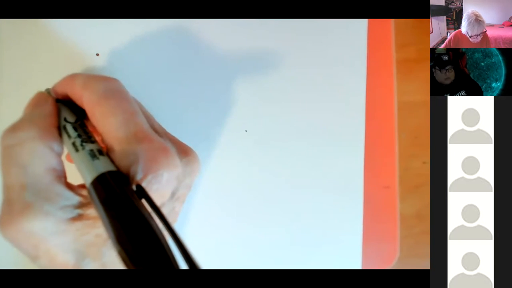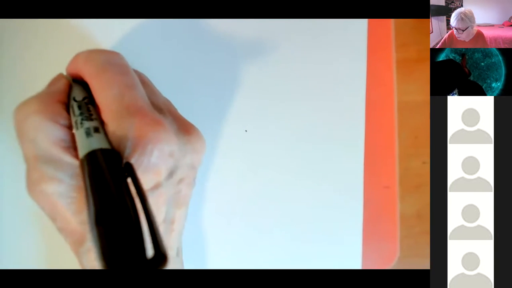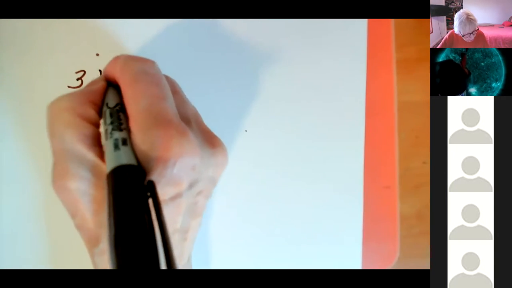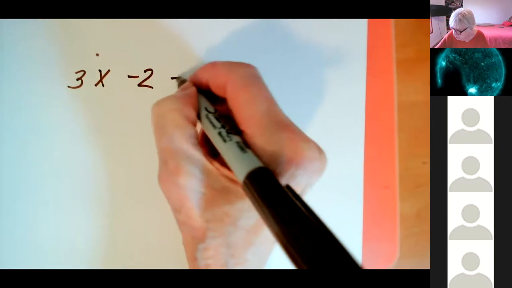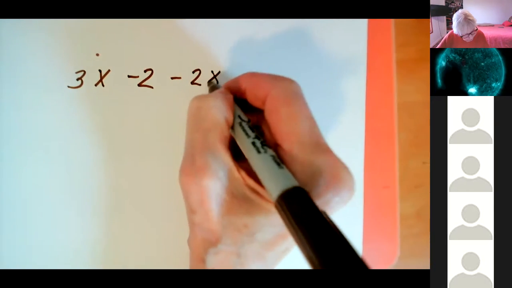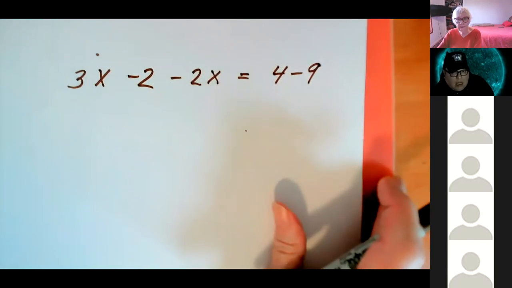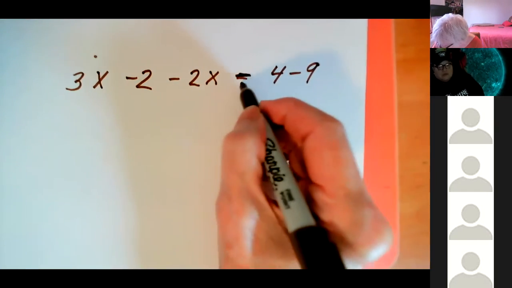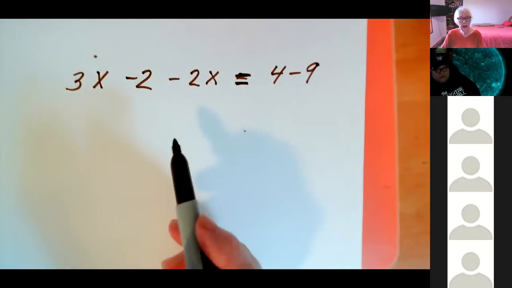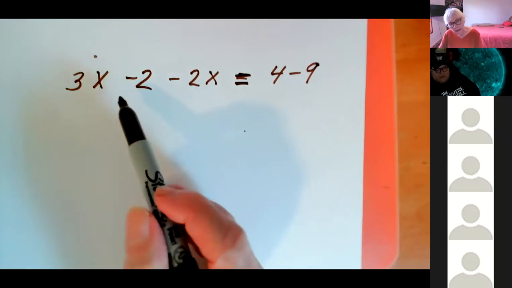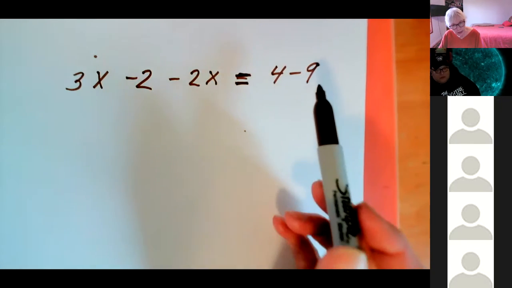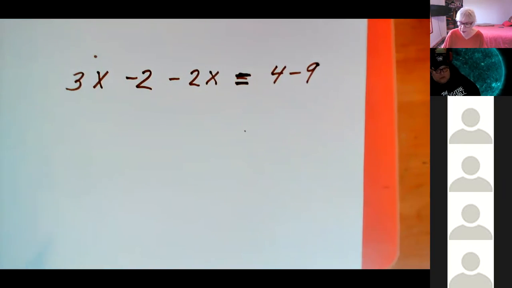Let's see. Here's one which needs a little work to begin with. Here's my equals. When you see a mess like this, your job is to clean it up. Okay? That's always step one.